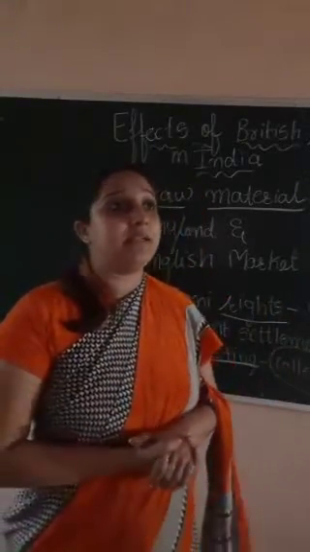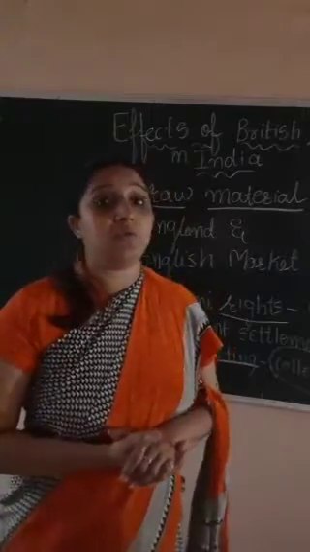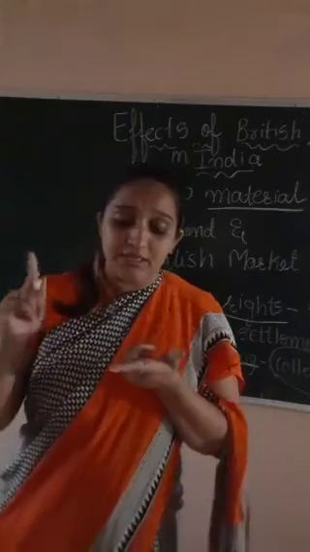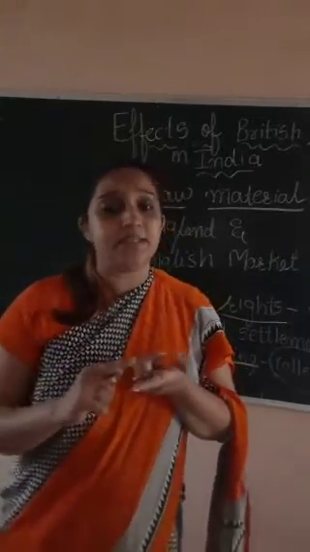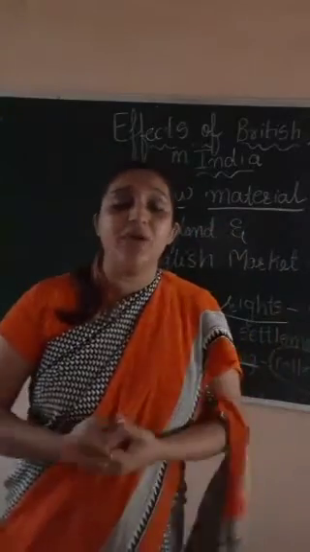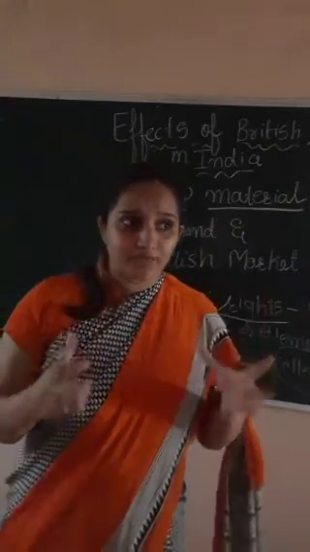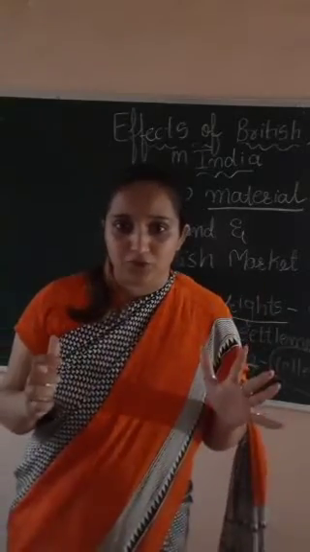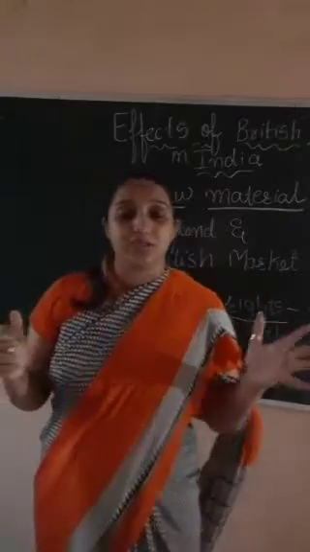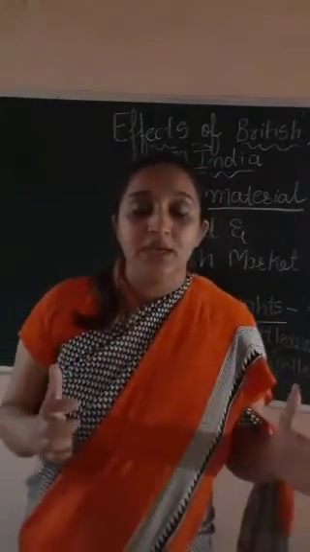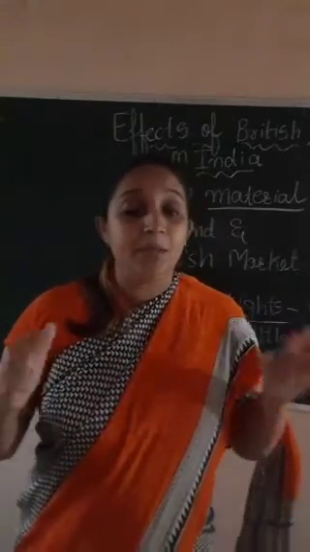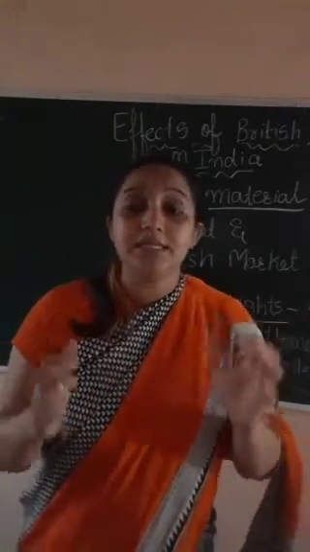They even started different social reforms, like they implemented English education, they stopped child marriage, they allowed widow remarriage, and many other reforms they have done. The people of India were very orthodox, right? They used to believe in their social customs. But because the Britishers started their rule, they changed the scenario, and that is why the people of India started feeling insecure.